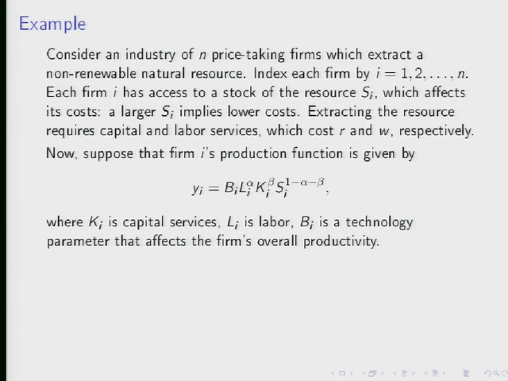Okay, that's inverse supply. Here's supply. That looks like y_i equal to s_i times alpha plus beta times P, all raised to the alpha plus beta, 1 minus alpha minus beta, w to the alpha, r to the beta, d, all to the 1 over 1 minus alpha minus beta.